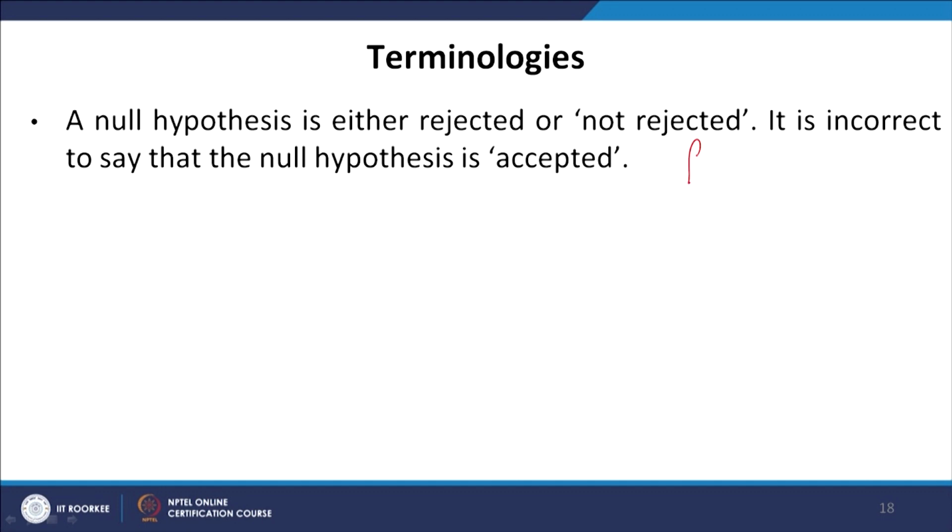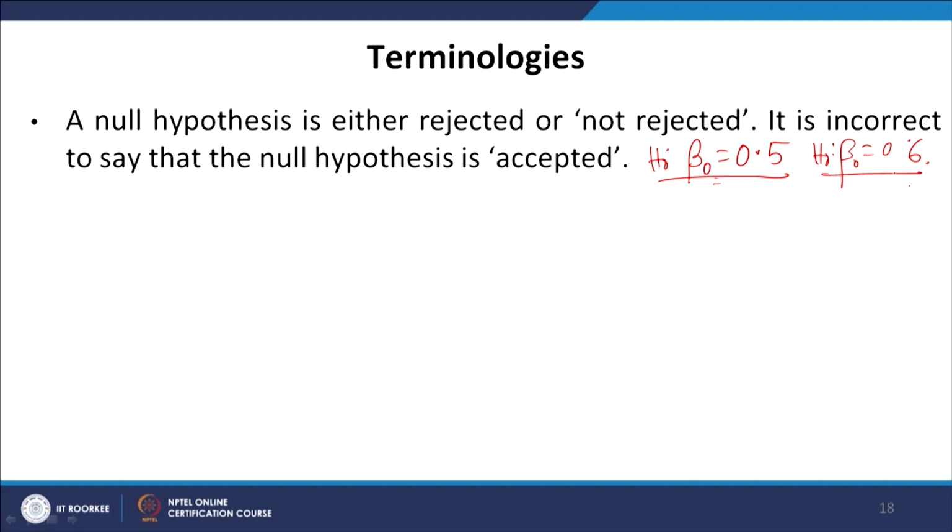For example, my null hypothesis 1 is beta naught say 0.5, and the other null hypothesis says that beta naught is 0.6. Now, suppose given the test statistic I fail to reject any one of them, but both of them cannot be accepted simultaneously.